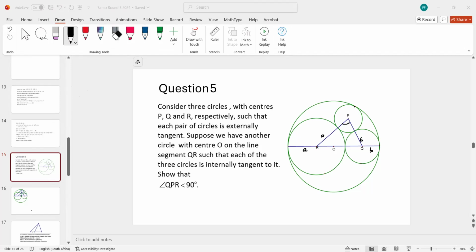That's got its own radius. I'm going to call it X because I want to actually try to calculate X given A and B.